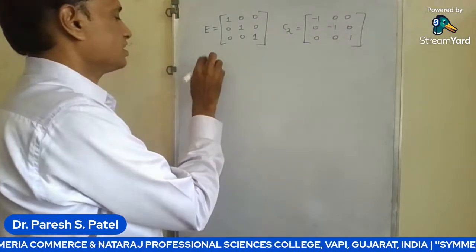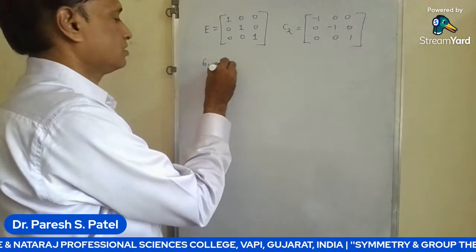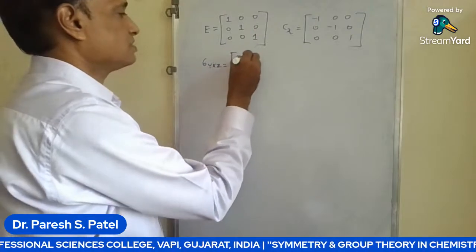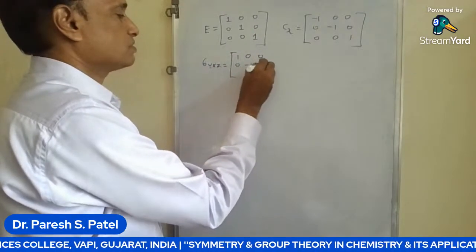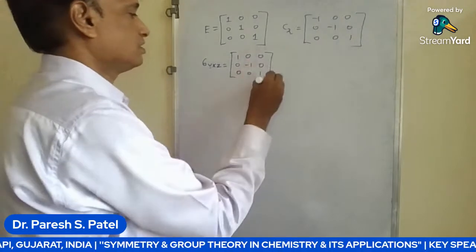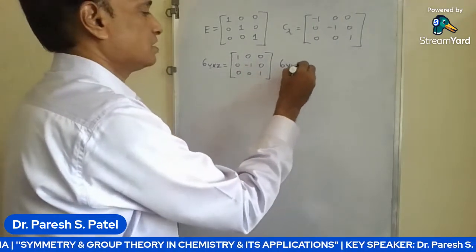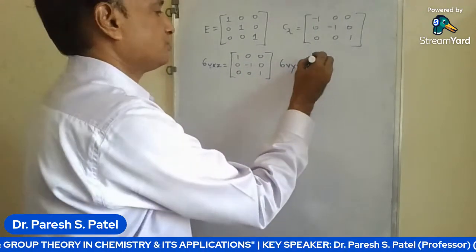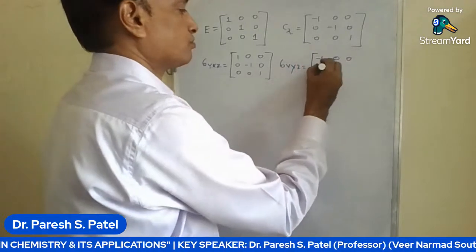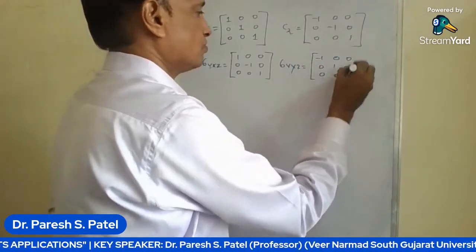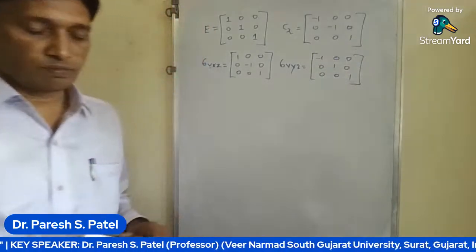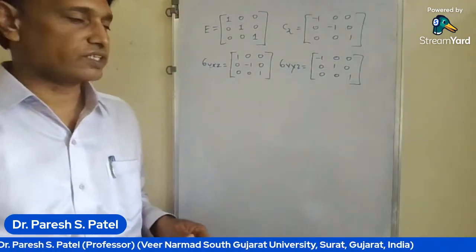Sigma Vxz can be represented as 1 0 0, 0 -1 0, 0 0 1. Sigma Vyz is equal to -1 0 0, 0 1 0, 0 0 1. These are the four matrices for the water molecule.